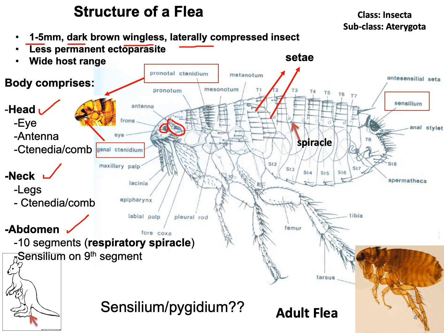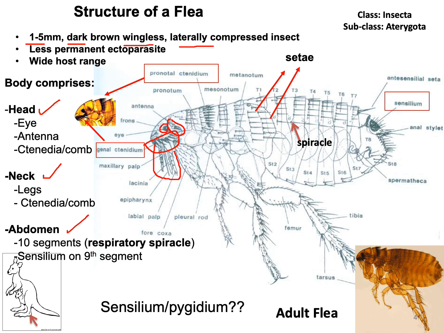And on the head region, there is another important structure called the genal comb. The genal comb actually consists of different spines. Depending on the size and the number of spines, some flea species can be identified. And next is the mouth part, I'll talk about the mouth part later on.